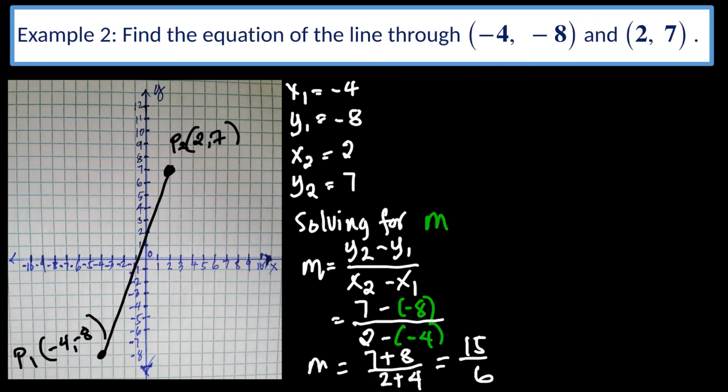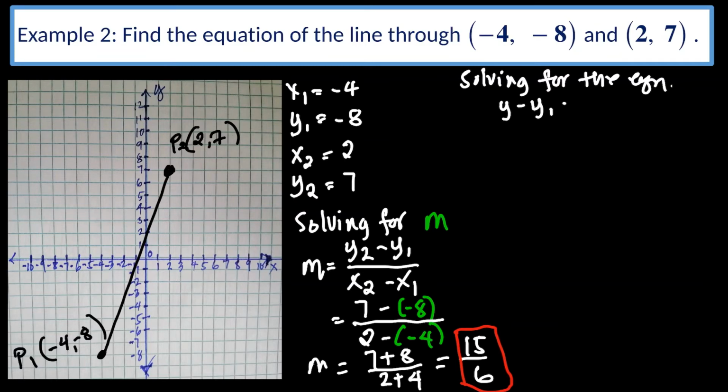All right, now that we have the slope, we are ready to solve for the equation of the line using the point slope form. So let's have it here, solving for the equation. Let's have the shortcut: y minus y sub 1 equals m times x minus x sub 1.